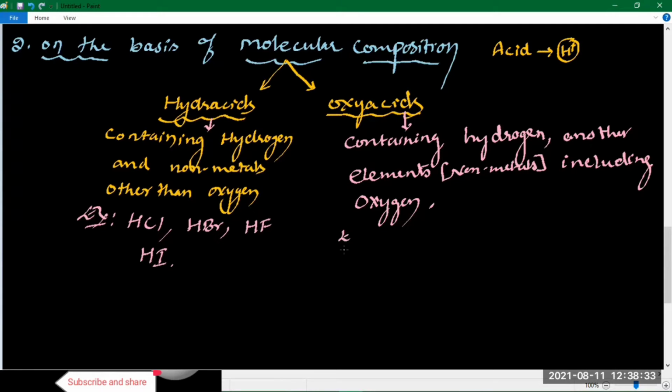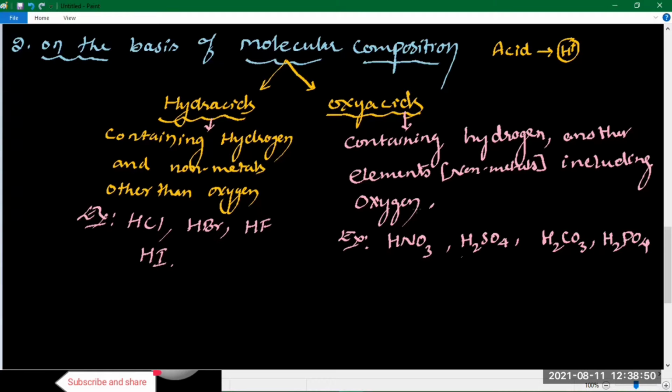For example, the acids which contain oxygen are nitric acid, HNO3, H2SO4, sulfuric acid, H2CO3, carbonic acid, and H3PO4, phosphoric acid.